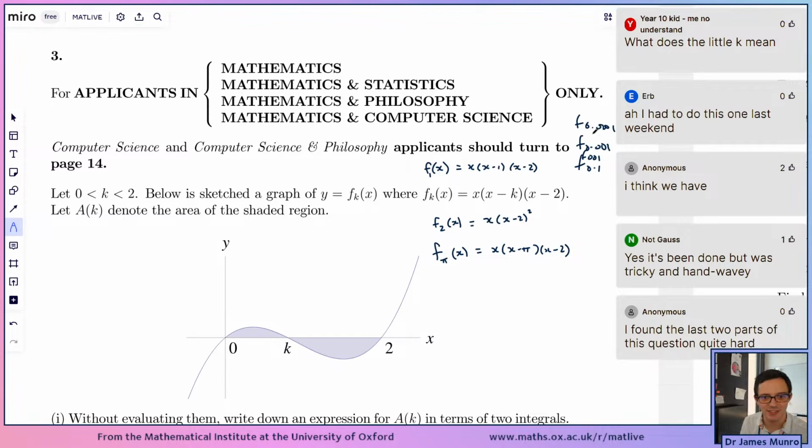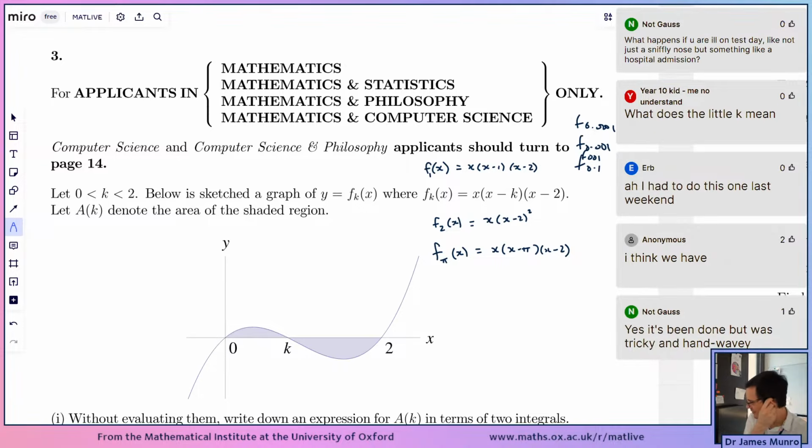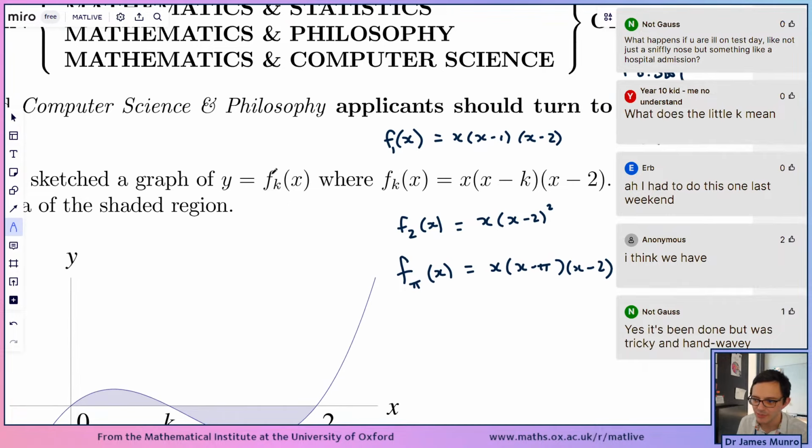There's f with really tiny numbers, f with things that are close to 2. Yes, this is what the little k means. It's a subscript, and it's supposed to make you think about a sequence perhaps, but in a real way, it just means whatever you have down here, you just put it here.